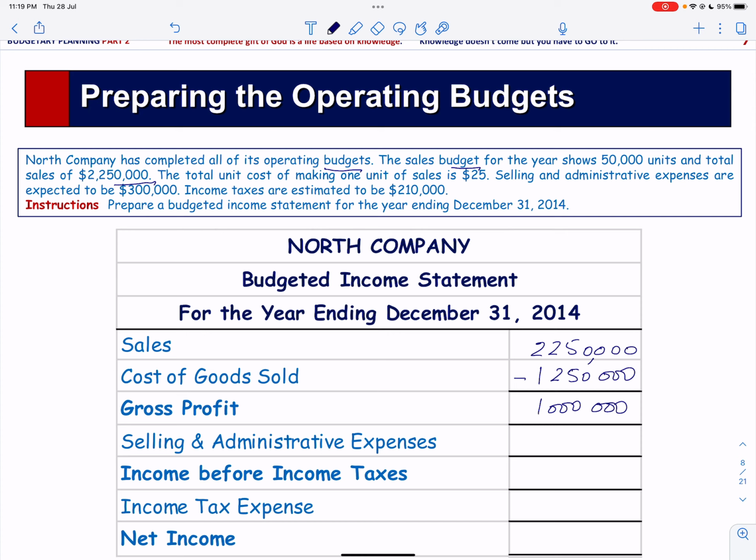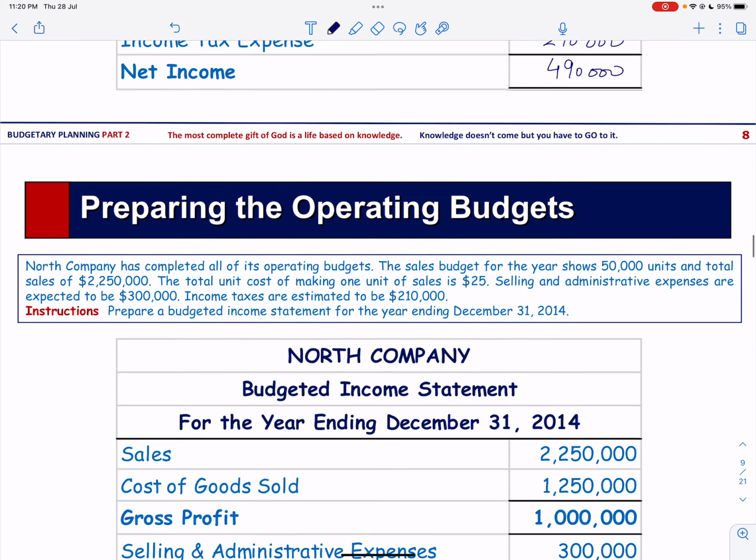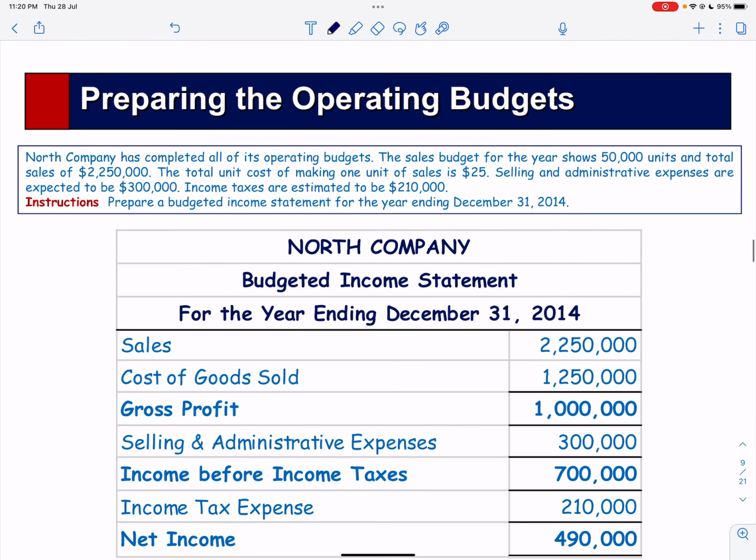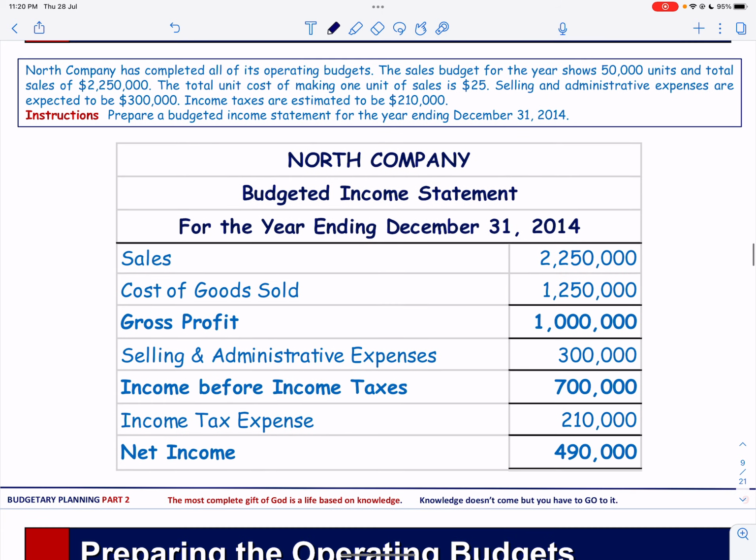And from this we are going to subtract the selling and administrative expenses of 300,000. So the income before income tax is 700,000, and the income taxes are expected to be 210,000. So we have the net income of 490,000. I have put this information in an Excel sheet in case you find my handwriting difficult to read.